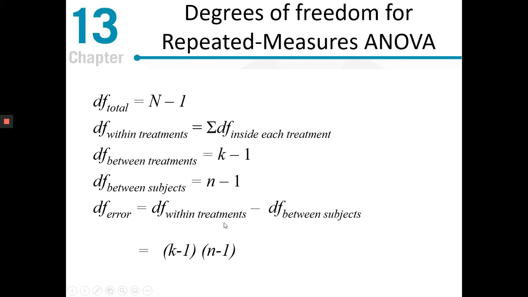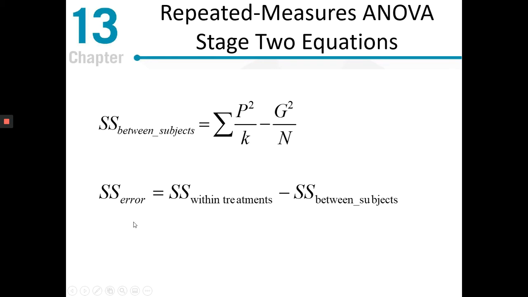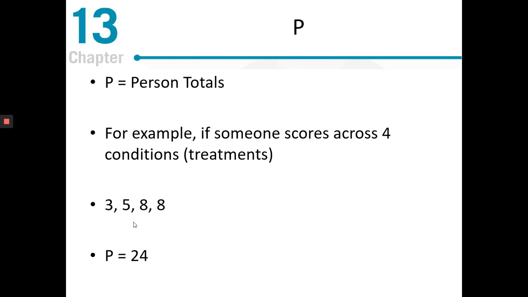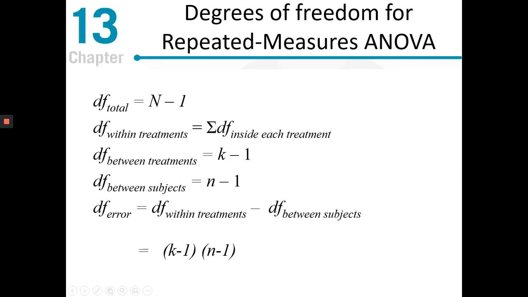Degrees of freedom error. Error is always going to be just like our sum of squares error: within minus between subjects. So degrees of freedom within minus degrees of freedom between subjects. Our within in this case was 18, and our between subjects was 6, so it should be 12 degrees of freedom error in our example.